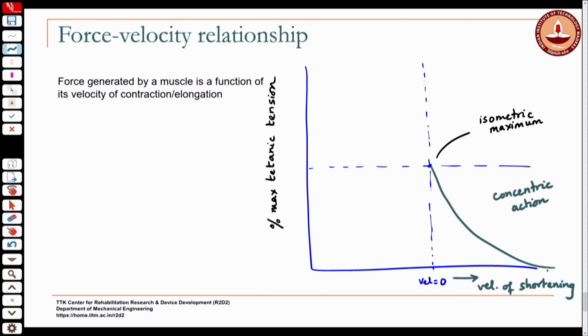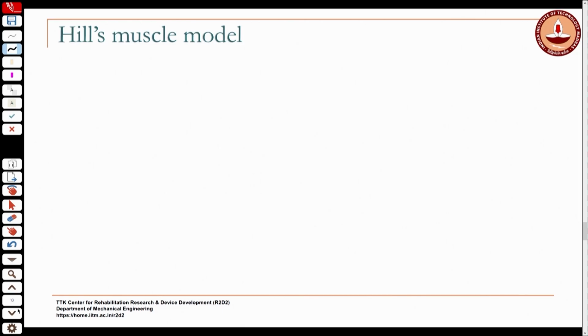Why is that so? As you increase the velocity of shortening, you don't have enough good cross bridging formed for it to sustain a larger force. When it is slower, when the velocity of muscle action is at the isometric level, you do.